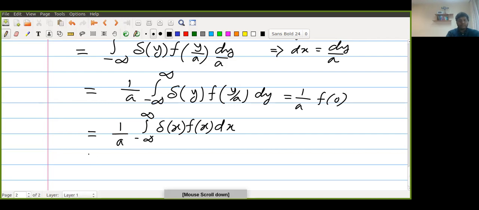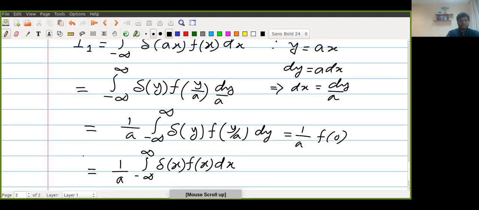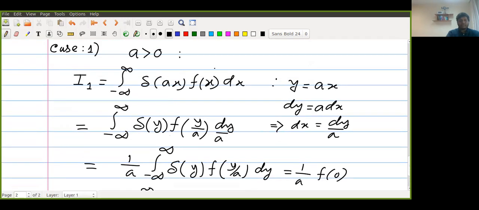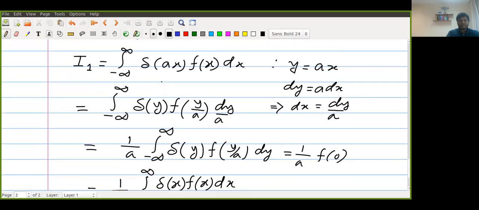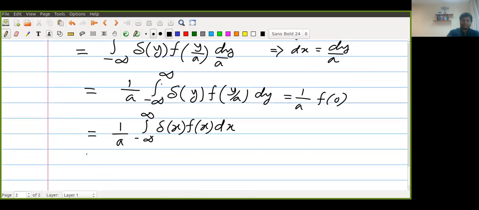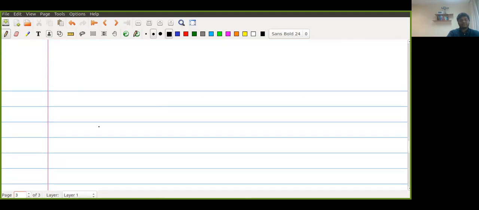If we go up, from here I can define: delta of ax equals 1 over a delta of x. Am I right? So now let me go to the next page.